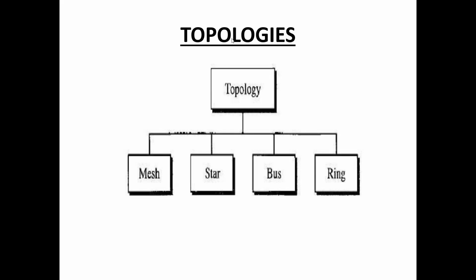That is the definition of topology. The different types of topologies are mesh topology, star topology, bus topology, and ring topology. Let us discuss each topology.